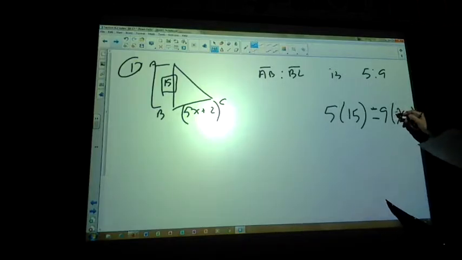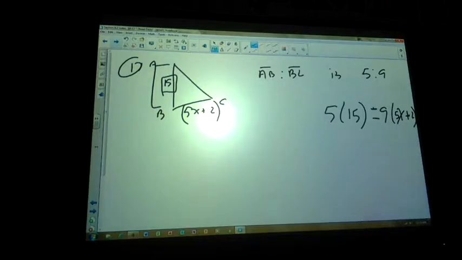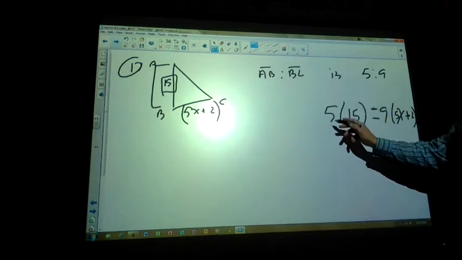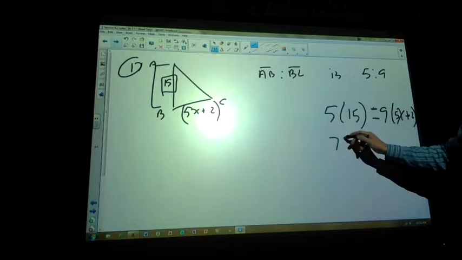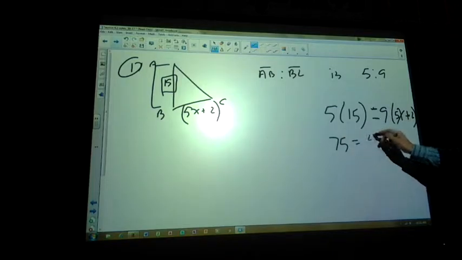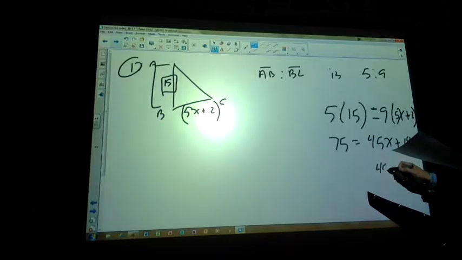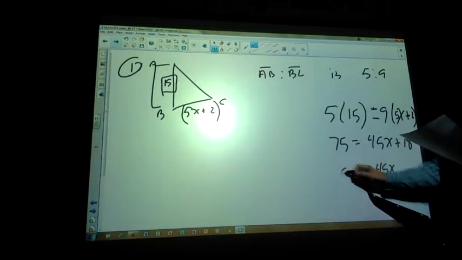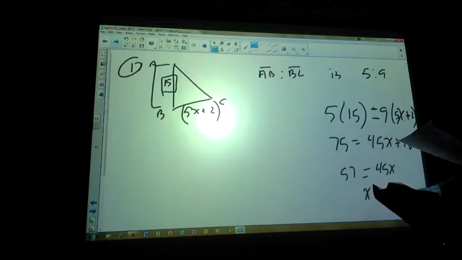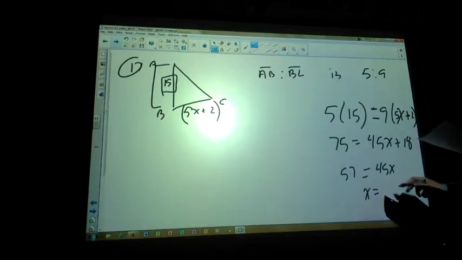Oh, yeah, right here, 9. So what is that, like 75? Equals 45x plus 18. Did I do that right? Yep. And then subtract 18. That's 57. So x is equal to 57 over 45. Is that right?